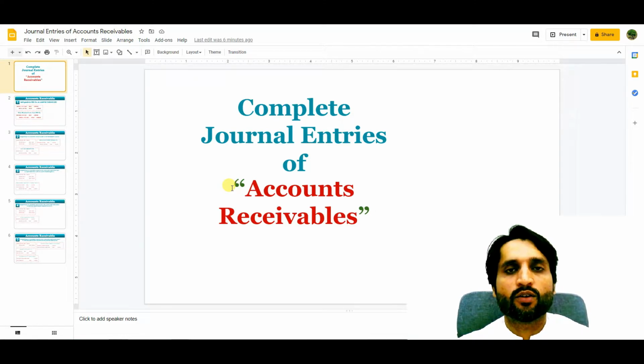Everything included in the account receivable process, we will see here as complete journal entries related to this topic. So let's start with the beginning now.